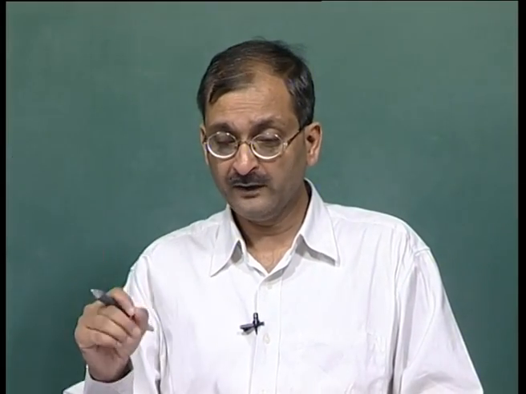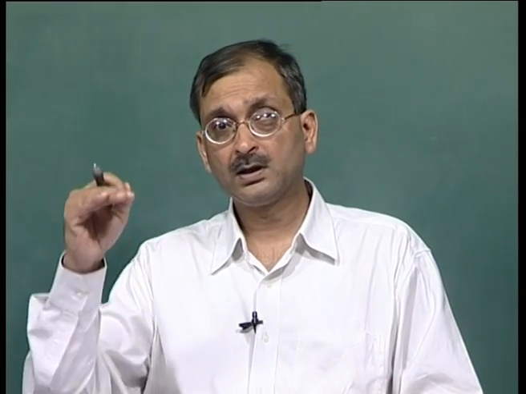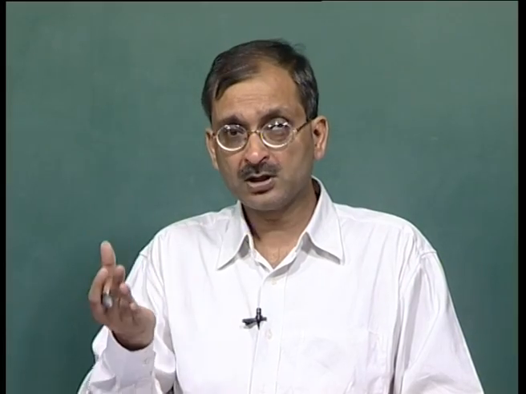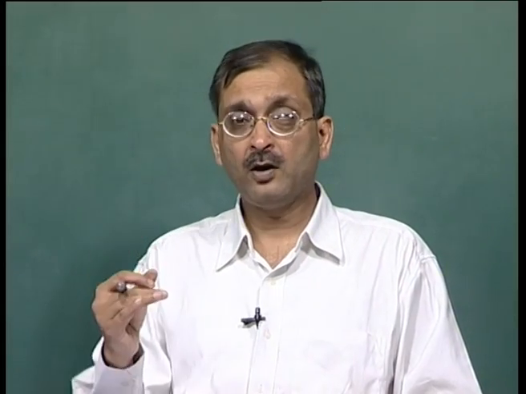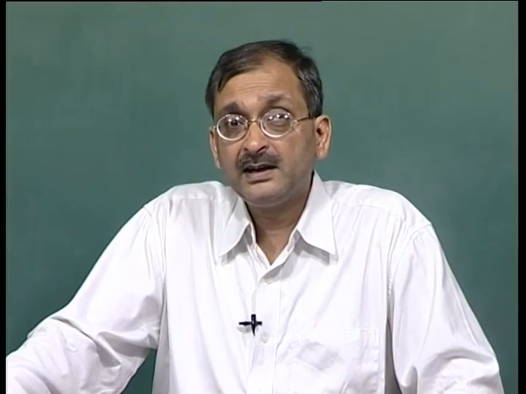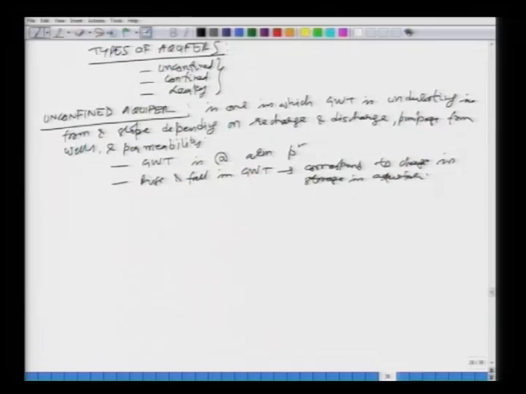If there is a rise in the groundwater table, that means the storage is increasing, and if there is a fall, that is a result of a decrease in storage. So, the rise and fall of the groundwater table is related to the change in storage in an unconfined aquifer, and we will see later that this is not the case for the confined aquifer. That is why it is important to understand the difference.